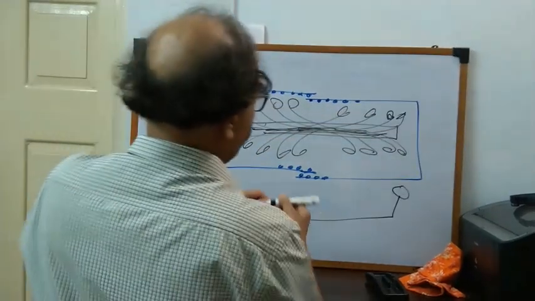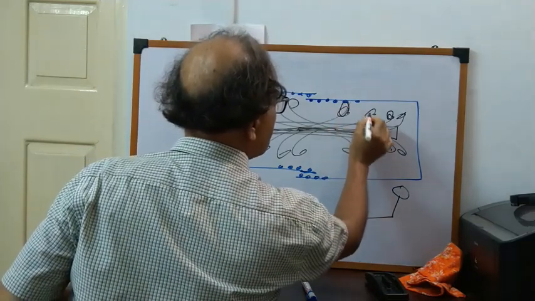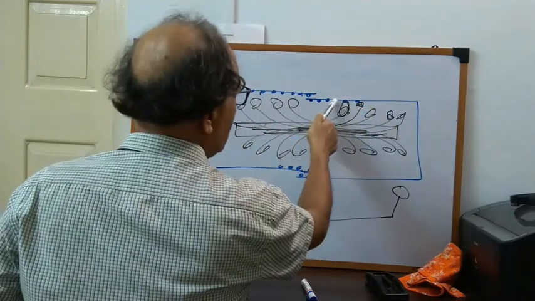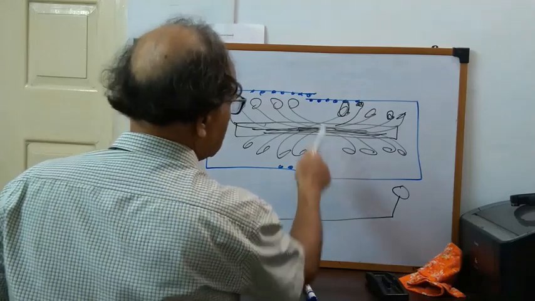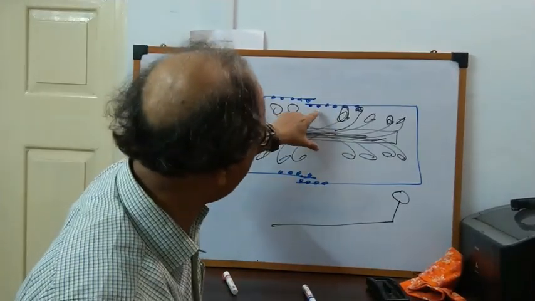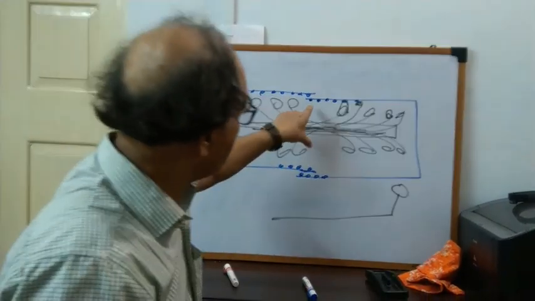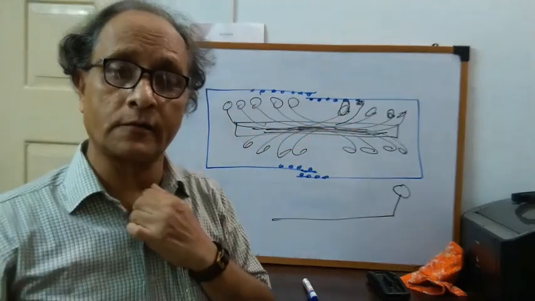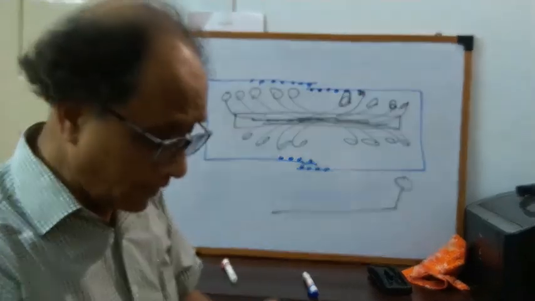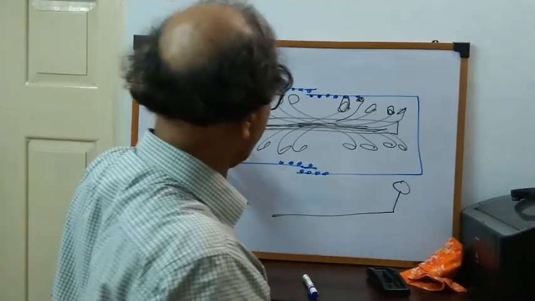That means if this myosin head binds with this one, and another binds with this one, these active sites of actin remain unutilized, isn't it? So in a purely resting state, what is happening?